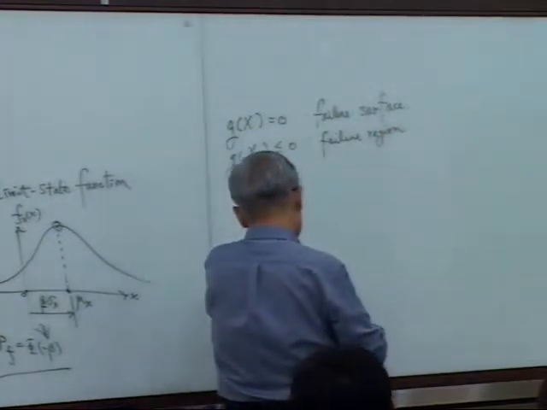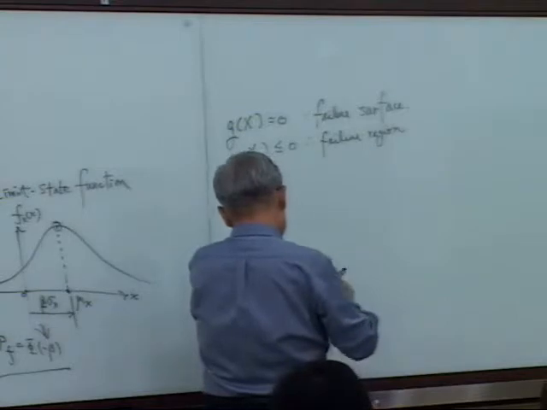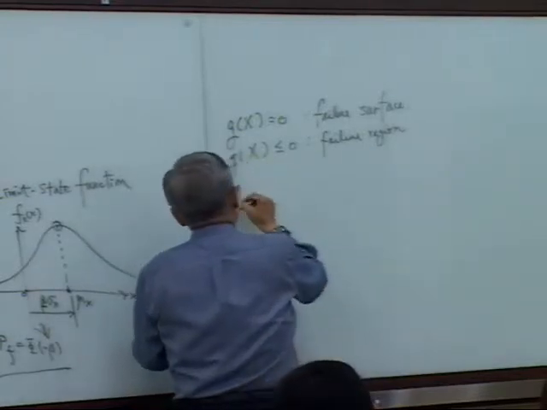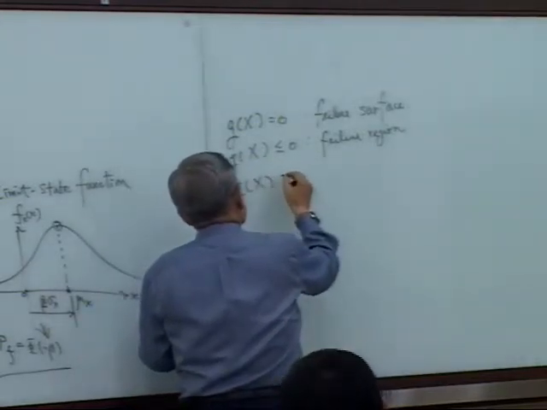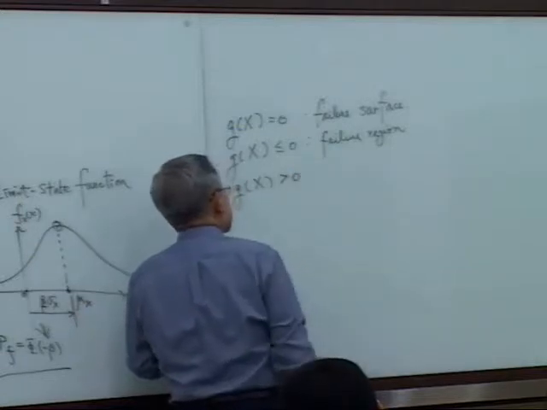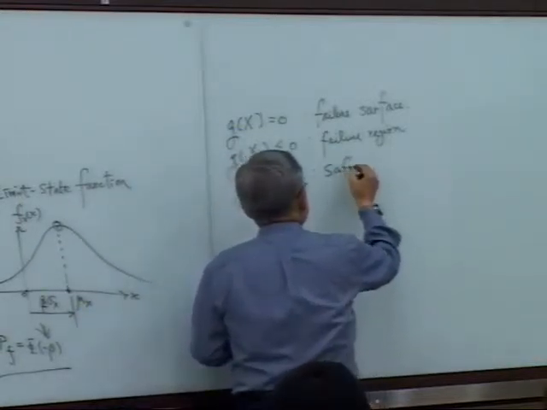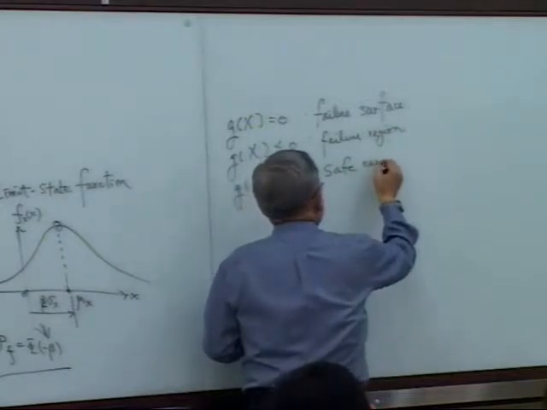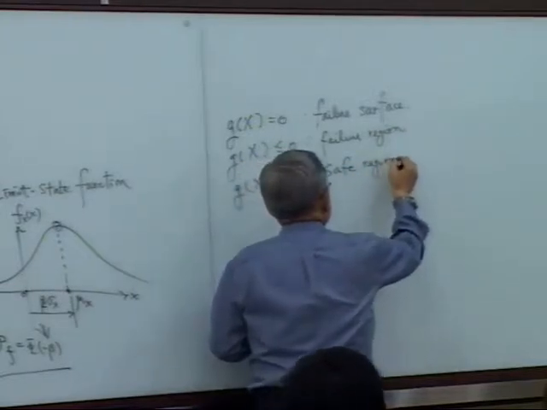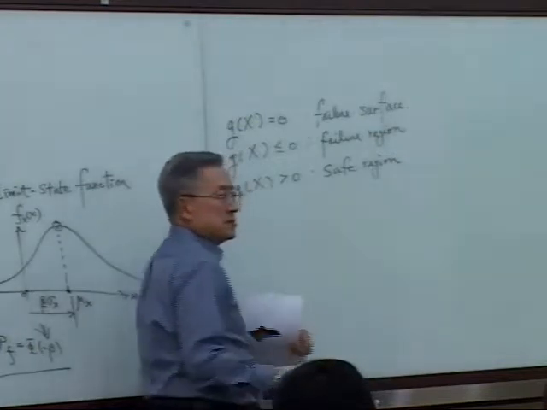So I indicate there, right? And when g(x) is larger than 0, this is a safe region.